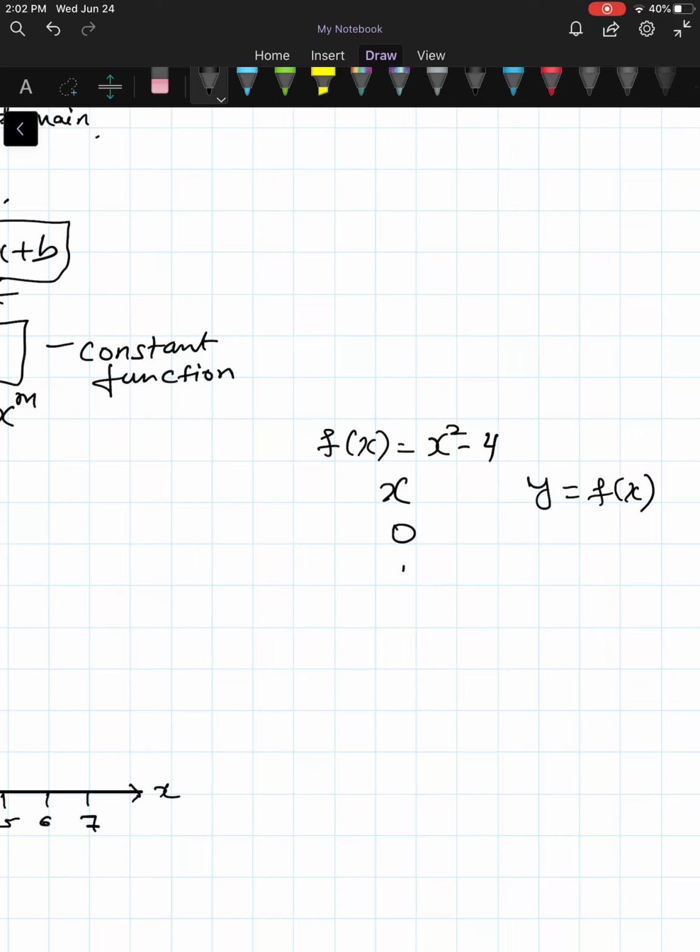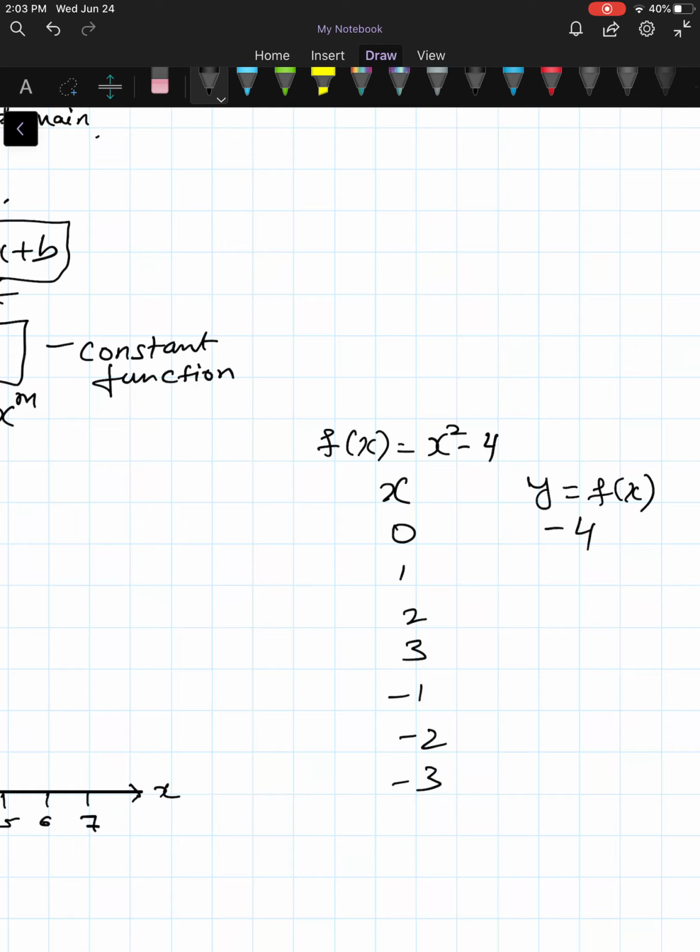If I consider 0, 1, 2, 3, -1, -2, -3 to be the arbitrary values of x, the corresponding y values, that is f of x, are as follows. When x is 0, y will be -4.